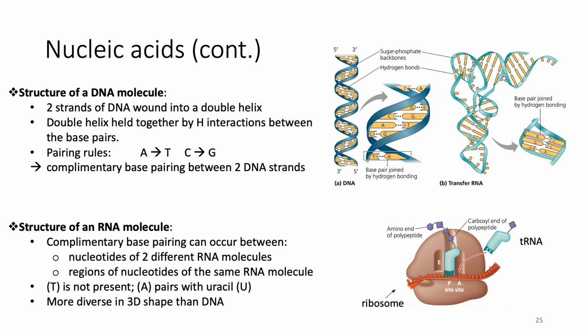A always pairs with T, and G always pairs with C. Reading the sequence of bases along one strand of the double helix would tell us the sequence of bases along the other strand.